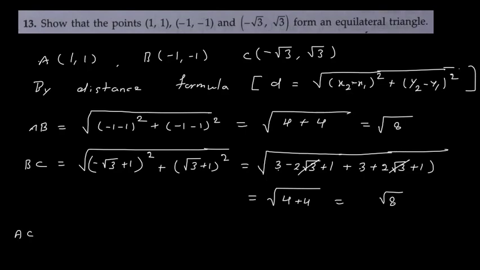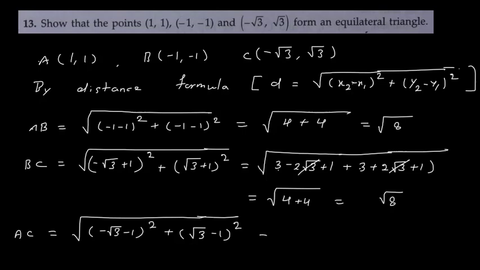And finally AC is square root of (-root 3 - 1) the whole square plus (root 3 - 1) the whole square. Now here, first of all, when both the terms are negative and there is a square, you can take this minus term common, and the square of that minus term will become plus 1. You can keep this minus term out, because with plus you are more comfortable with positive values.